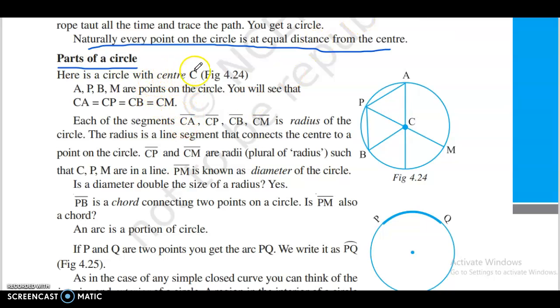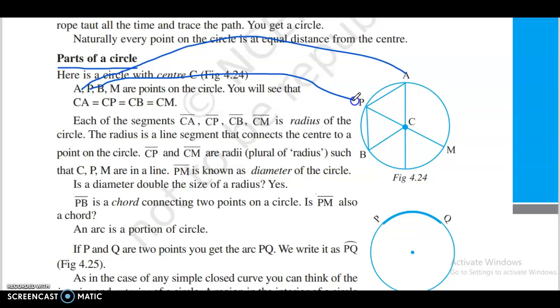Here is a circle with a center C in figure 4.24. A, P, B, M are points on the circle.